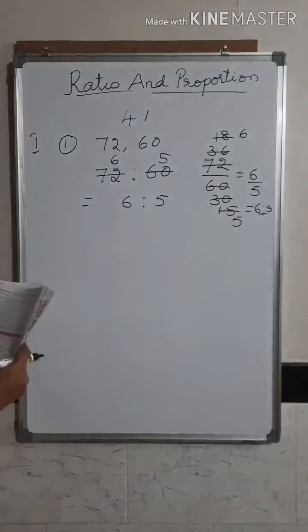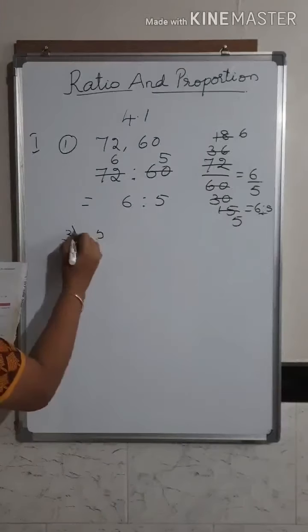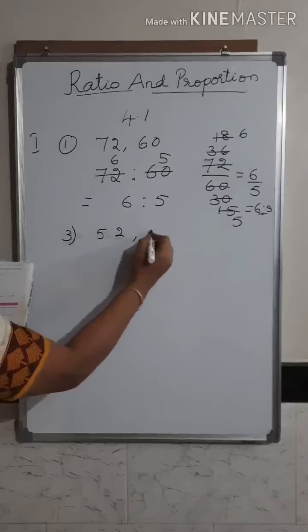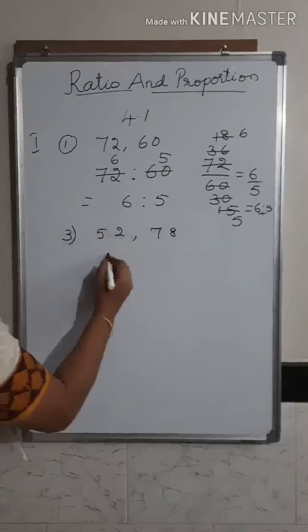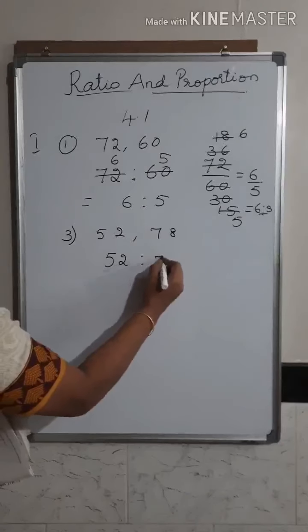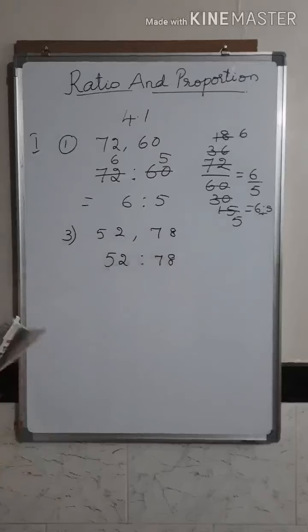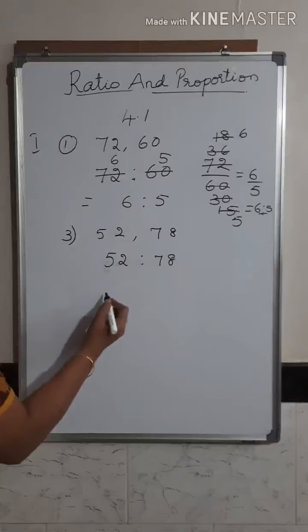Now one more example, the third one. You have 52 and 78. So these are the two numbers given. In the form of a ratio this is written as 52 is to 78. Now you have to write it in the simplest form. You see by what number you can cancel it.